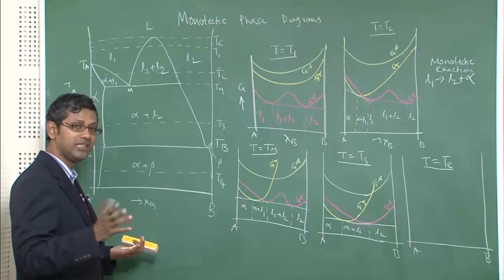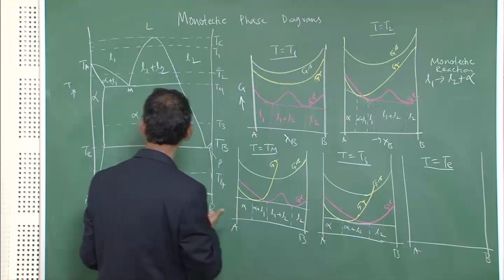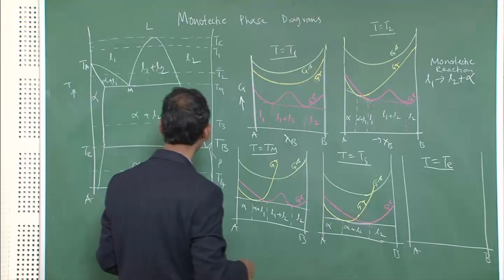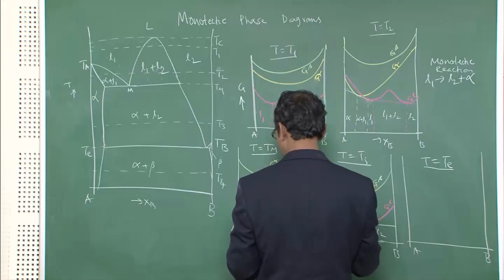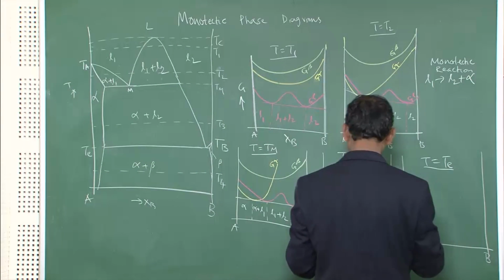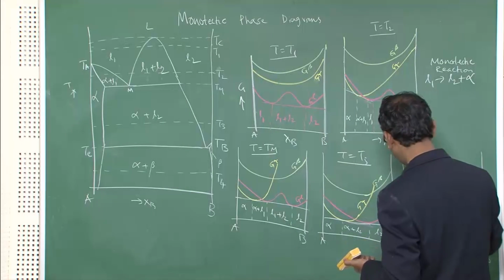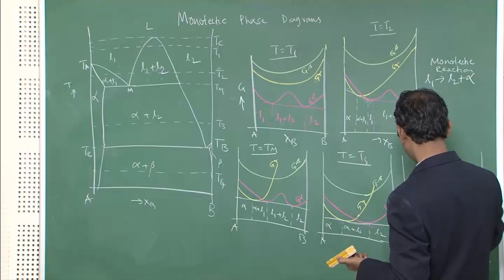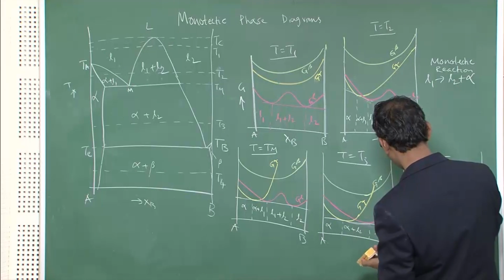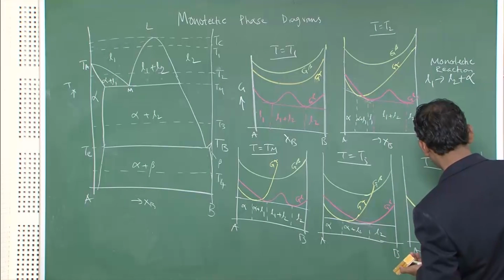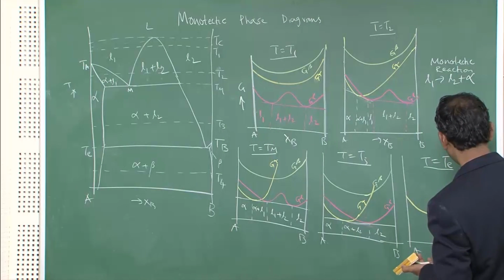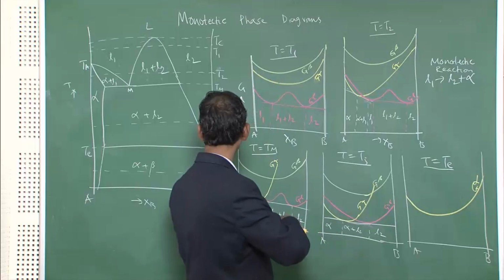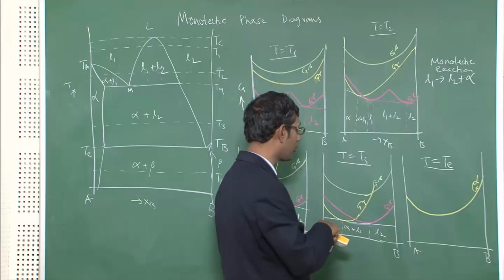So what will happen at Te? Very simple. Te is the same as what I have drawn. There is alpha plus beta, both phases are present at Te, and liquid obviously. So here the beta curve will go down. First is alpha in yellow, and beta will also be like that, but before that we should draw the liquid.